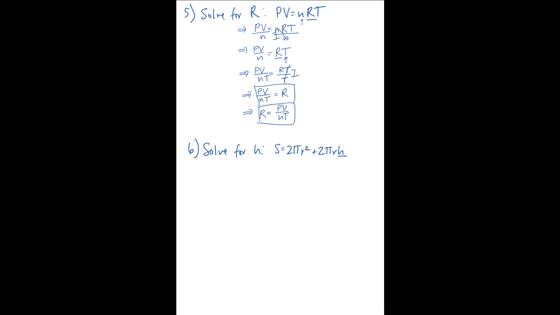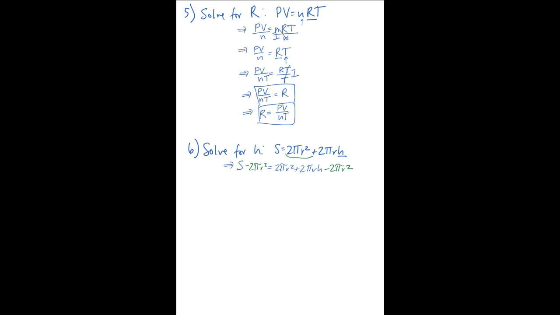So, what do we need to move? Well, for starters, this 2 pi r squared, we could get rid of that. That's being added, so we could subtract it from both sides. So we have S equals 2 pi r squared plus 2 pi r h, and I want to subtract 2 pi r squared from both sides.